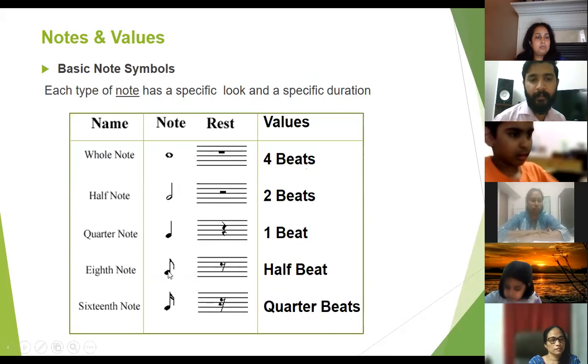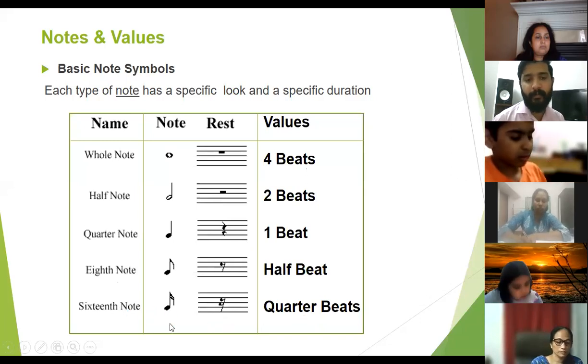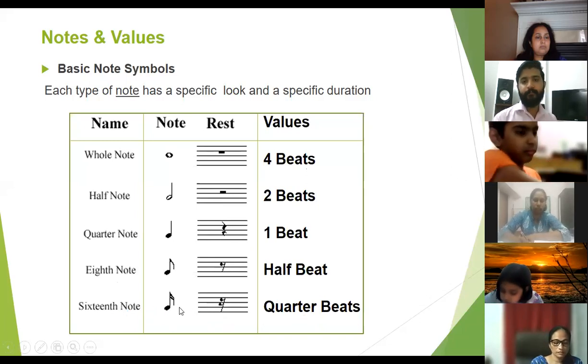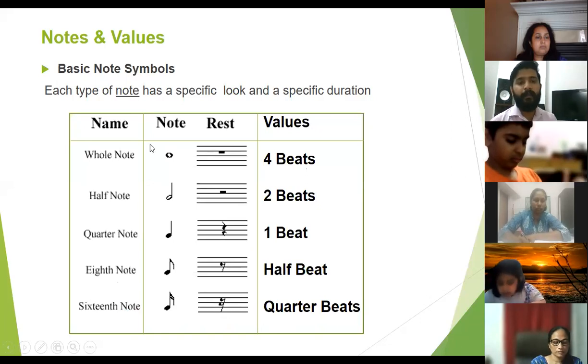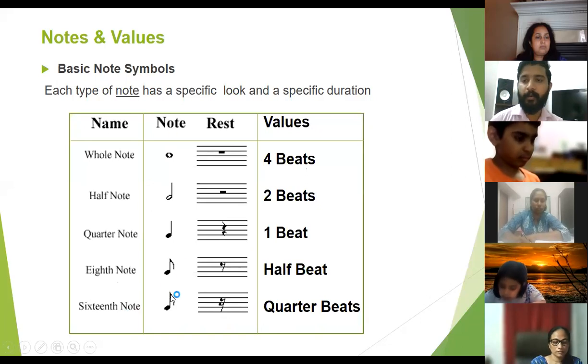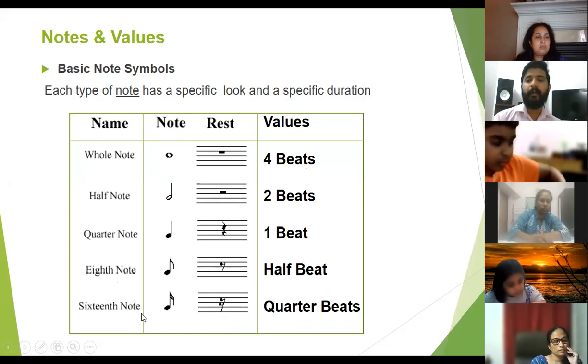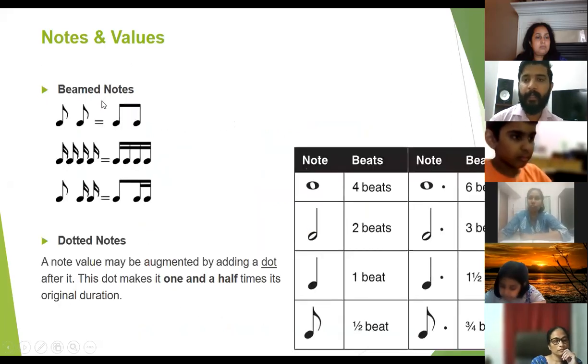Half beat, the head is blackened, it has a flag, it's called eighth note. And quarter beat note is called 16th note, it has 2 flags. So that's how we write notes in music. These are the basic symbols. Now we'll take it one step further with the beam notes.